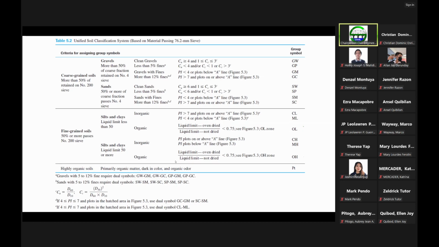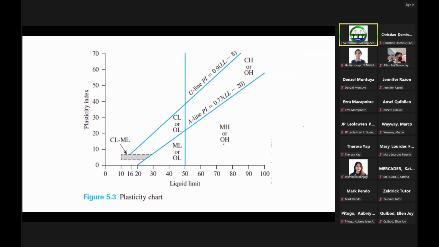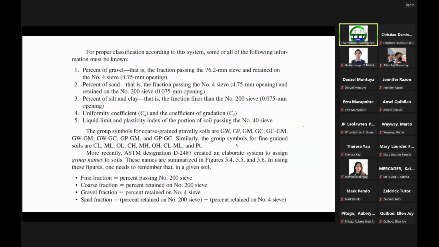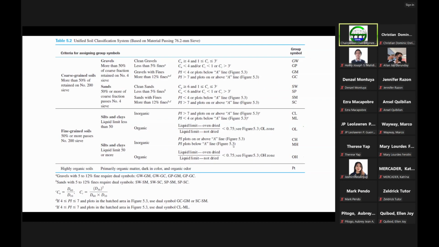Okay. So in this case, if it is organic material, or if it is found in this region here with liquid limit above 50, then you have your OH here. This is either inorganic or organic, no?